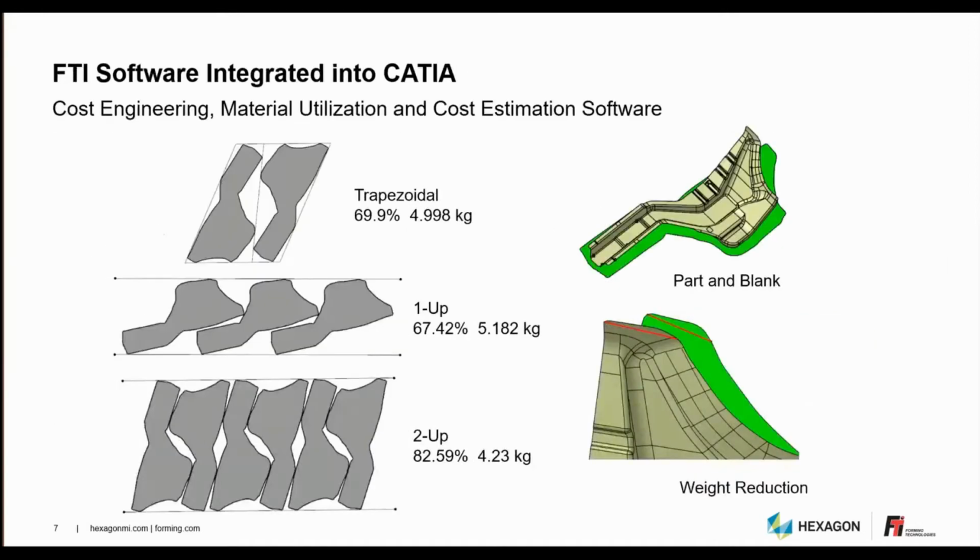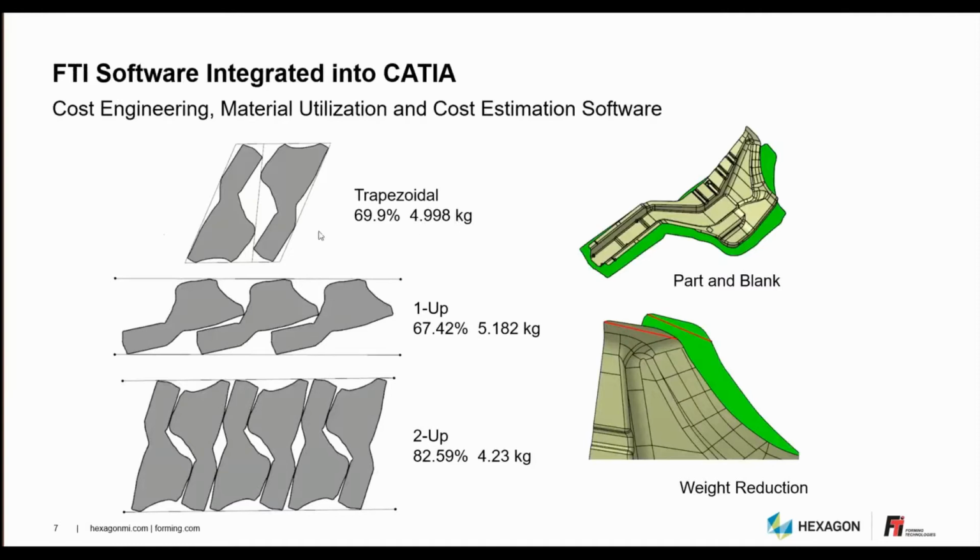In here, you can see three kinds of nesting that we can do with our CATIA solutions. For example, in the first configuration, you see that our material utilization is 69%, and the weight is 4.9 kilograms.